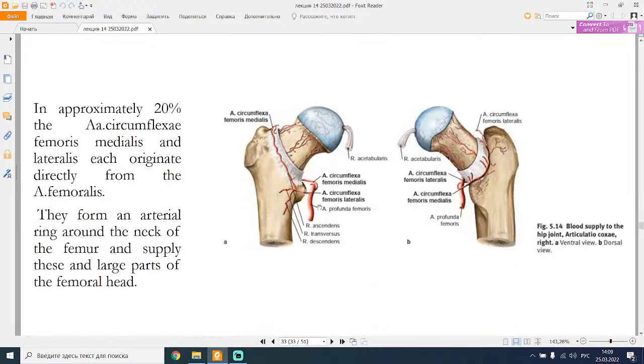In approximately 20%, the arteria circumflexa femoris medialis and lateralis arise directly as two branches of arteria profunda femoris.